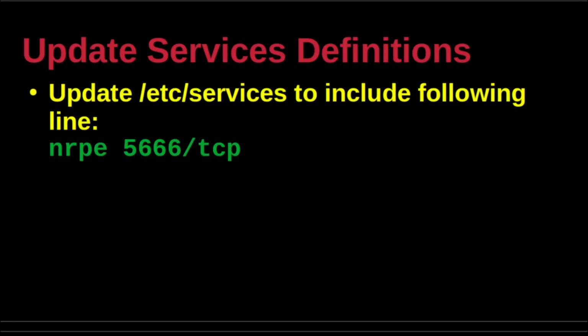Enable the port protocol for NRPE services. The list of permitted services is in /etc/services. Add an entry for NRPE in this file. The service name is NRPE, the port is 5666, and the protocol is TCP.